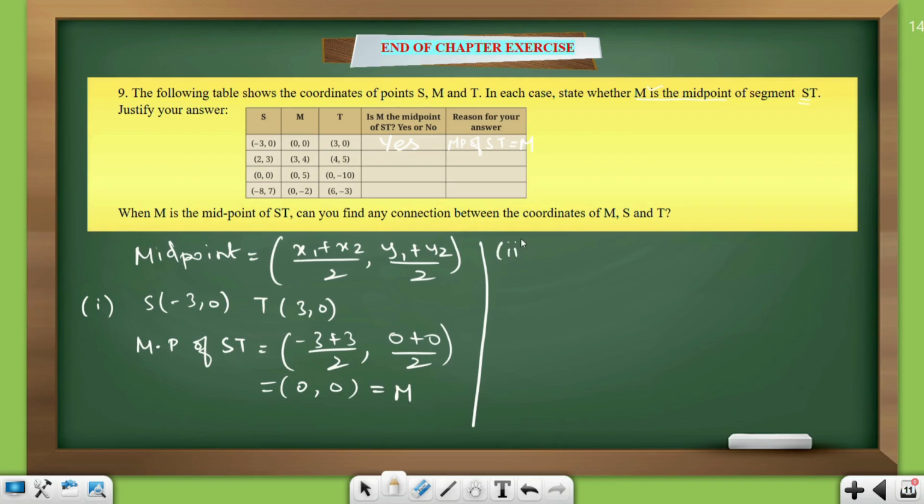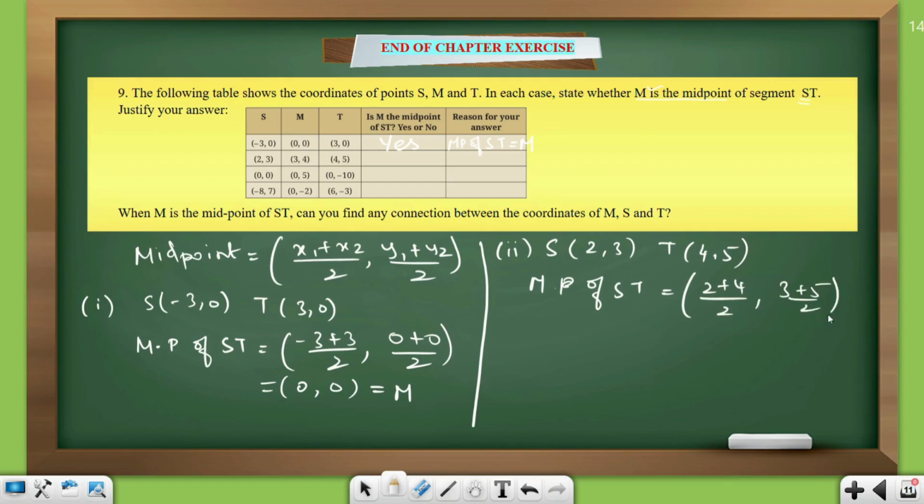And for the second case, point S is (2, 3) and point T is (4, 5), and the midpoint of ST is equal to 2 plus 4 by 2 and 3 plus 5 by 2, that is x1 plus x2 by 2, y1 plus y2 by 2, which is equal to 6 by 2, 8 by 2. 6 by 2 is 3, 8 by 2 is 4, which is equal to our M in the second case, because M is given as (3, 4) and we are getting the same (3, 4) here.